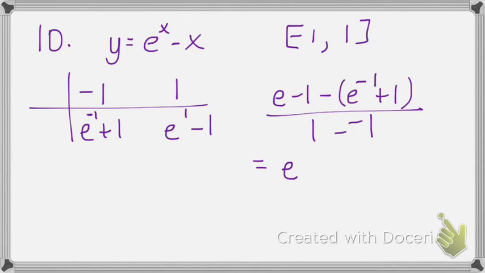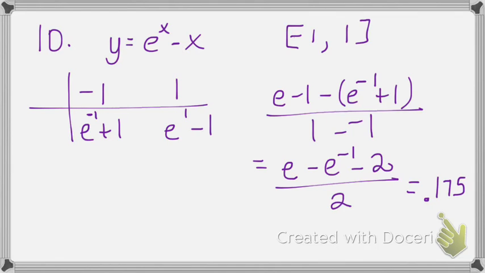The negative goes to the 1, so minus e to the -1 minus 2 over 2. I know that's kind of strange, but if we want to change it to a decimal, we can do that. I'll go ahead and do that because I know that some of you like that better. I got 0.175. I'm leaving it all in my calculator to use it.